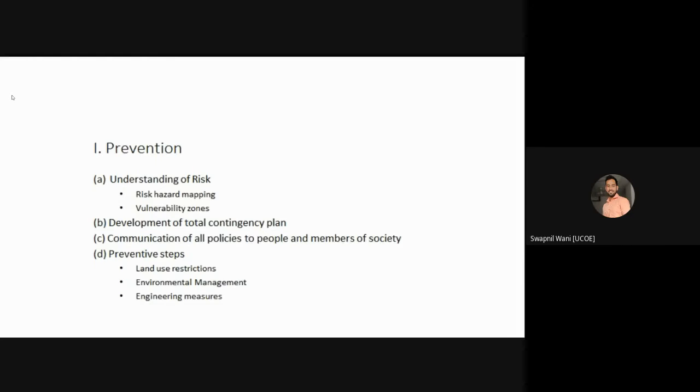These are land use restrictions. By doing so, we are reducing the vulnerability. When you reduce the vulnerability, automatically we are reducing the casualties and victims. Next comes environmental management. In environmental management, we have many policies for that region.